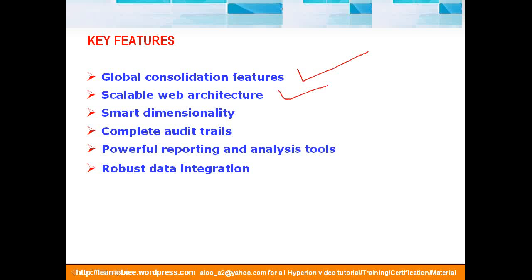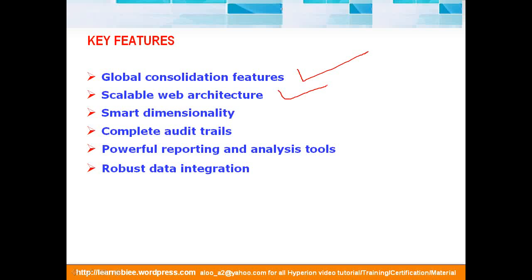Tomorrow I do expansion and acquire 5 more companies. So HFM is designed in such a way that it can be scalable. Today I have 100 HFM users, tomorrow I need 10,000. It means I don't have to discard my application and create a new one. HFM is designed in such a way that it can accommodate the changes.